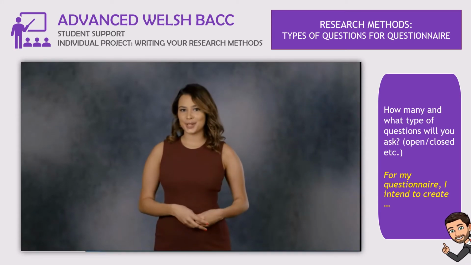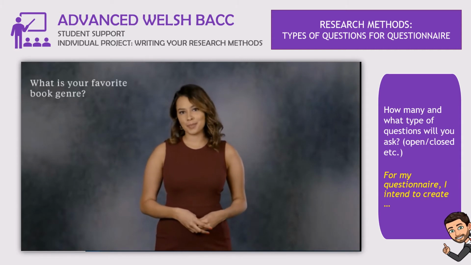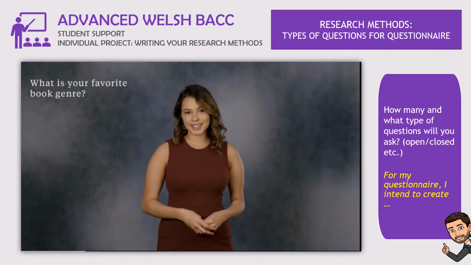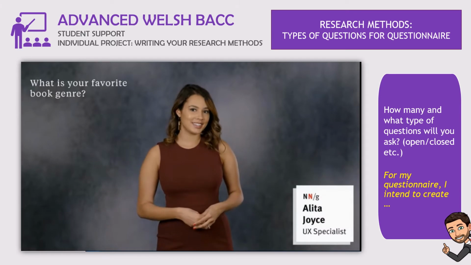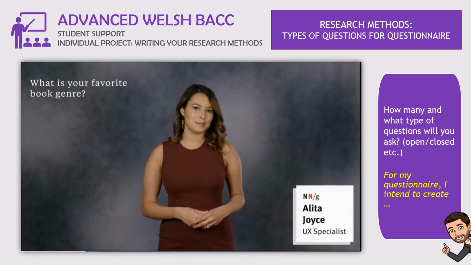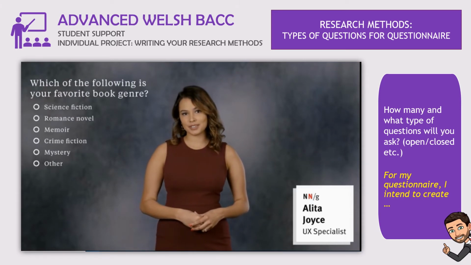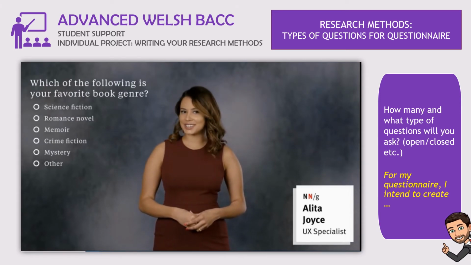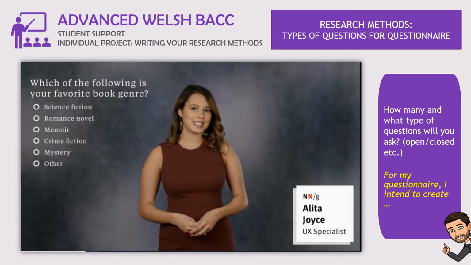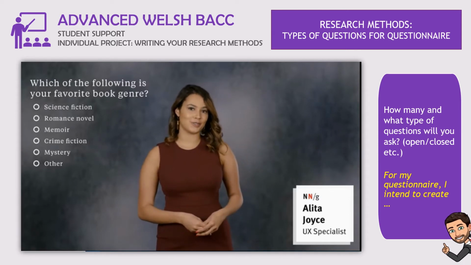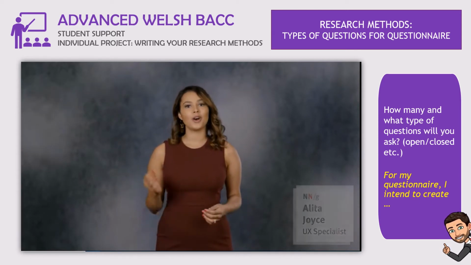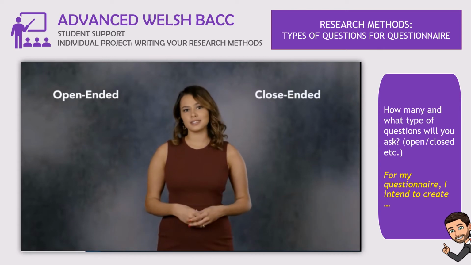I have a question for you. What is your favorite book genre? Now that you've mentally answered, let me ask once more, but a bit differently. Which of the following is your favorite book genre? Did your answer change? These two questions are examples of the two variations of user research questions we can ask: open-ended or closed-ended.